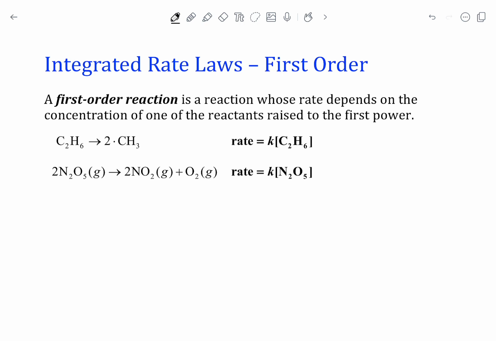So we know from our previous lessons that if it's first order, then we have just a 1 here. And if overall the reaction is first order, then there's only one reactant that is contributing to the rate or determining the rate of that reaction. We typically see this as having only one reactant in the reaction, as we see in our two examples here.